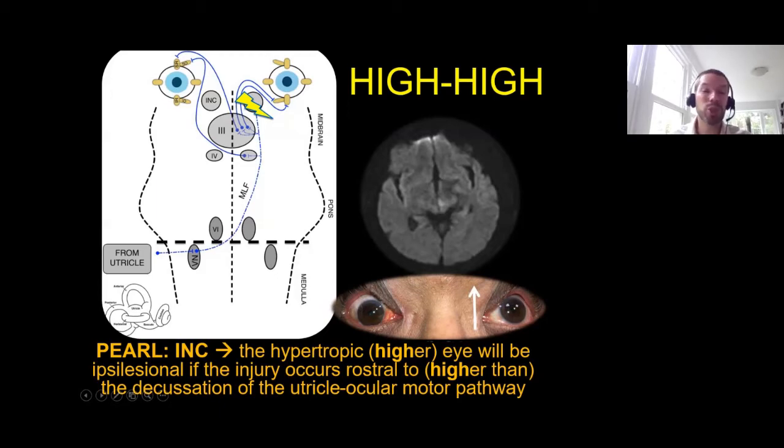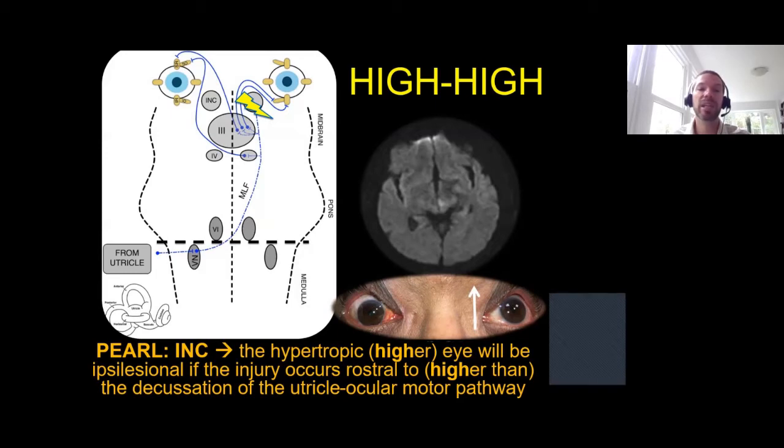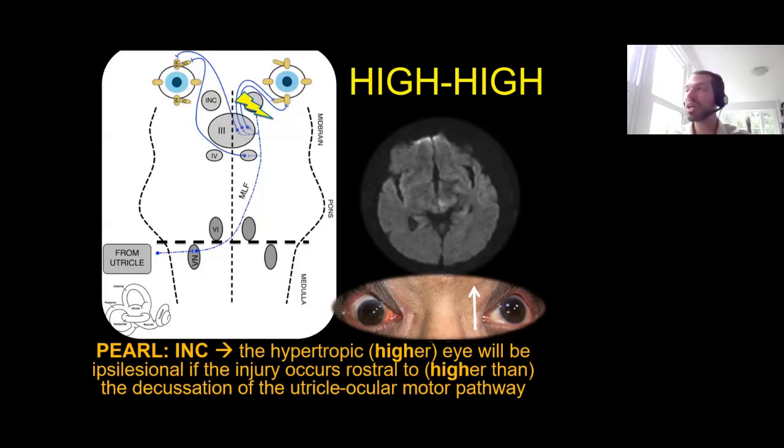Because there are lots of other structures around the INC, you might have a partial or complete third nerve palsy, which, if concurrent with a skew deviation, can be very hard to diagnose. The rostral interstitial medial longitudinal fasciculus is also in this vicinity, so patients can have vertical saccade palsies. If you have a vertical saccade palsy, you know that you're in the midbrain. And if you also have a skew, then you can figure out which side of the midbrain you're on.